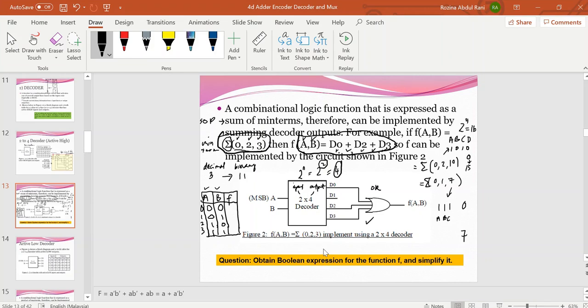From here, f equals 1 only for input 0, input 2, which is decimal 2, or 1 0, and input 3. For input 1, the value is 0. So from this truth table, we can extract the Boolean expression or Boolean function.